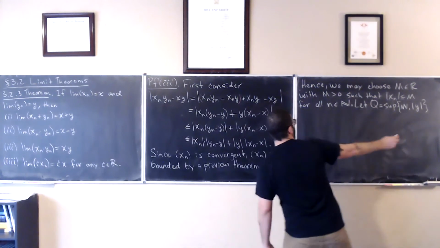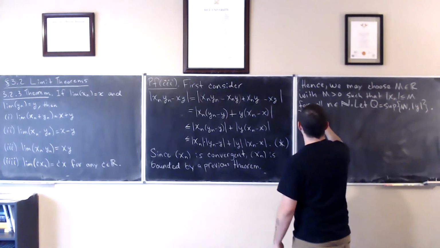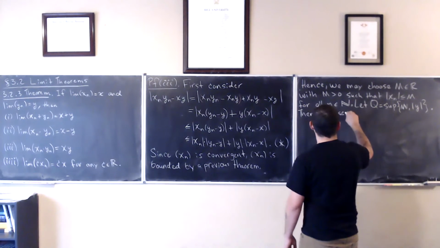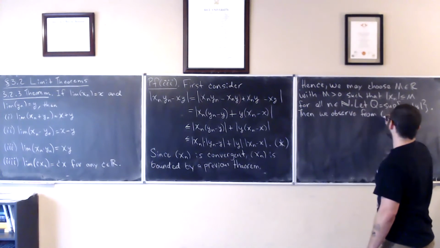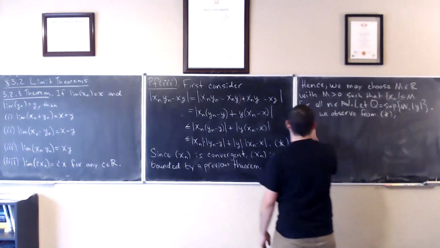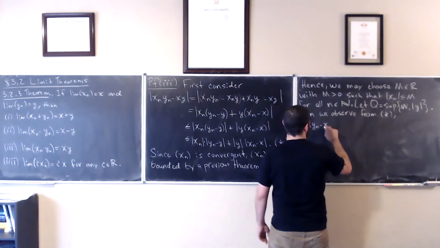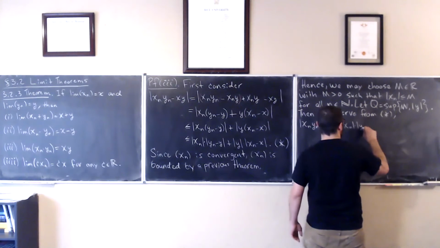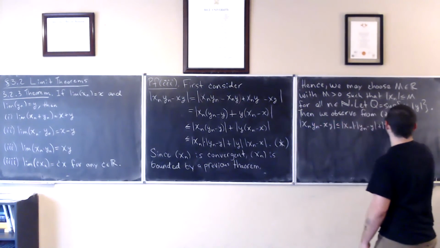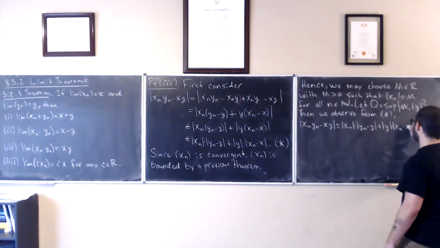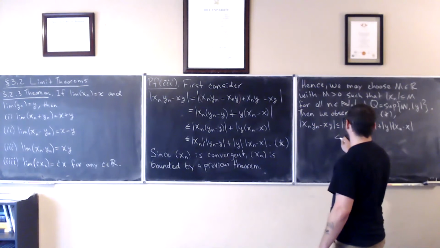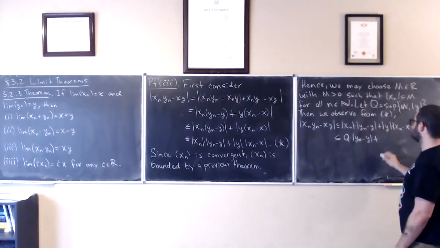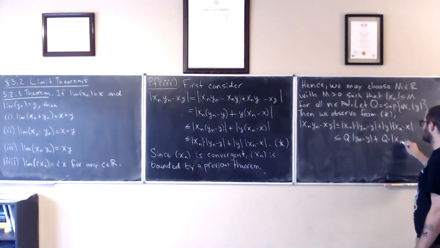Then we observe star, that xn times yn minus x times y is at most q times yn minus y plus q times xn minus x.